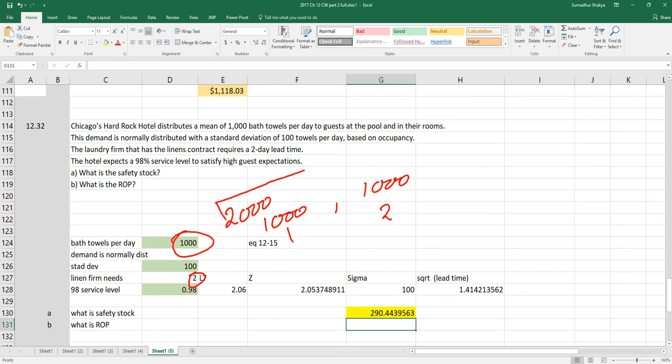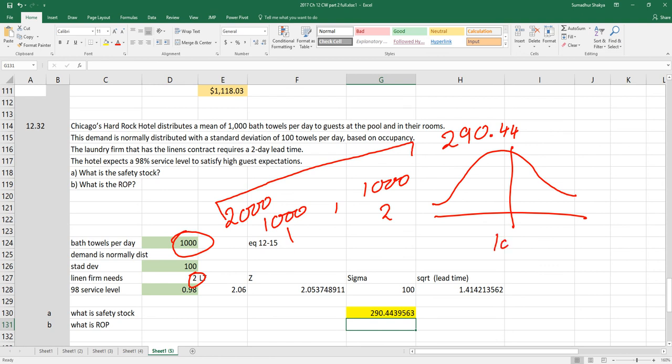But in addition to these 2,000 towels, they need to carry 290 some towels, such that even if the demand was to be on the higher end, because this is at the rate of only 1,000 guests coming in per day.